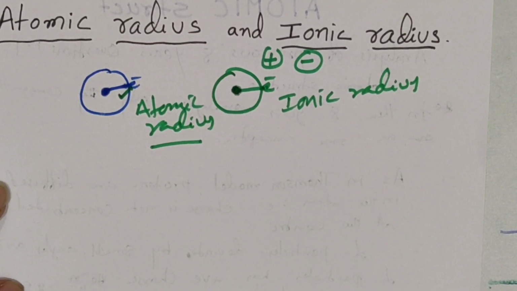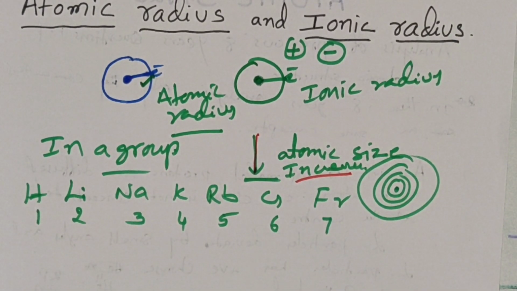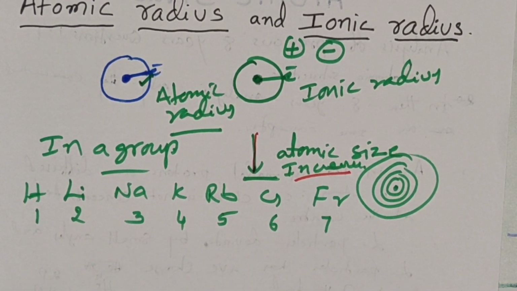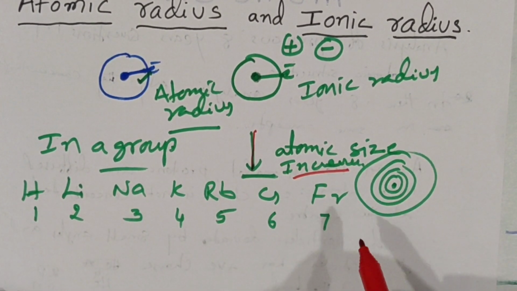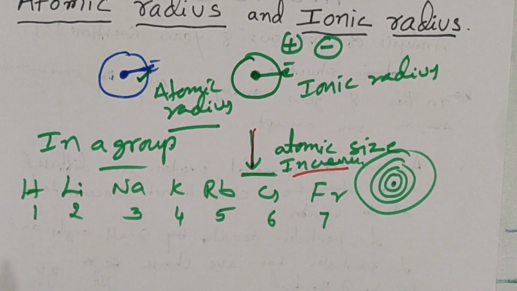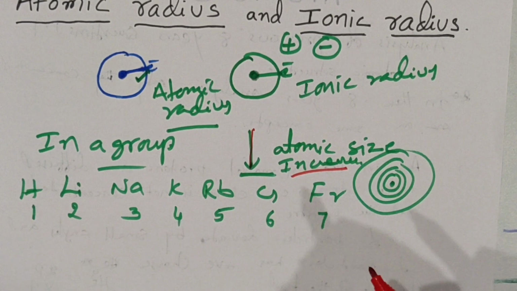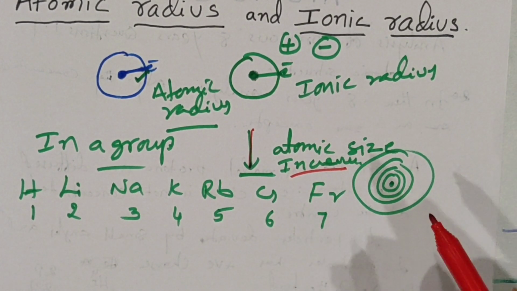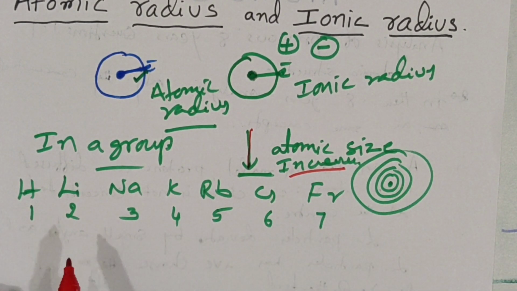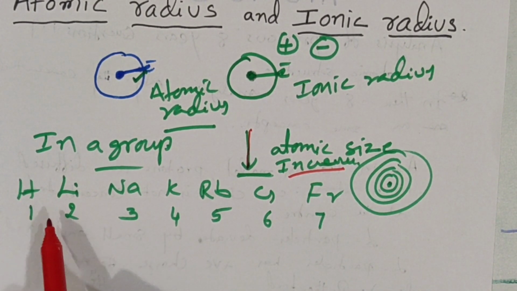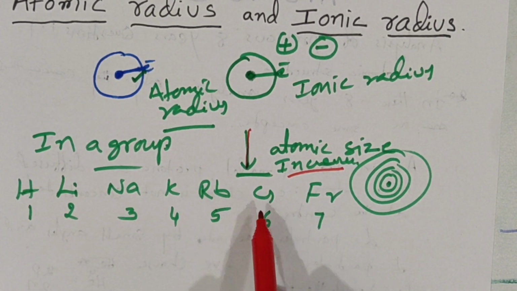Now, from an objective point of view, dear students, in a group from top to bottom, atomic size increases, because from top to bottom new shells are being added from one atom to another. For example, in the first group: hydrogen, lithium, sodium, potassium, rubidium, cesium, francium.